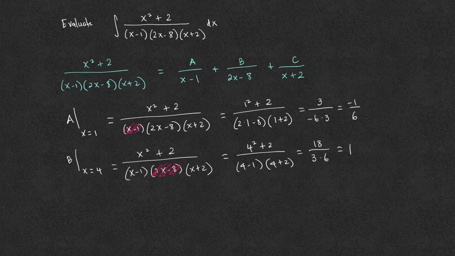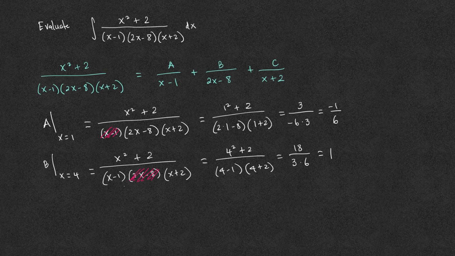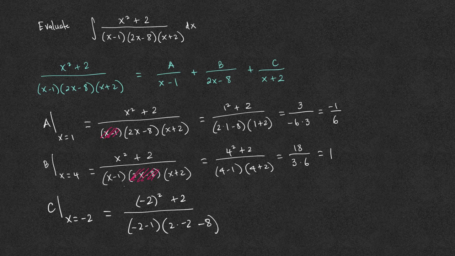Similarly, to obtain the coefficient C, we would need to plug in an x that would make the denominator of C equal 0. x plus 2 equals 0 when x equals negative 2. But we need to cover the factor x plus 2. When we plug in negative 2, we obtain ((negative 2) squared plus 2) over (negative 2 minus 1)(2 times negative 2 minus 8), and again, we already covered x plus 2.